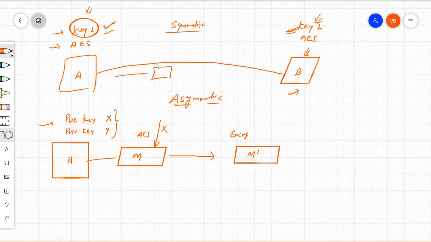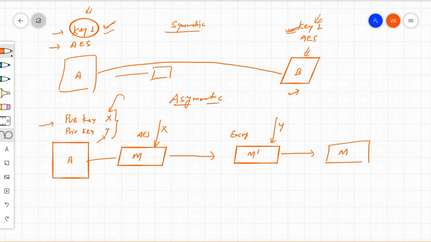At the receiver end, if I pass the same message and decrypt it with Y, it will give me again the same message, which is M. What does it mean? It means that if I encrypt any message with public key, it will be decrypted using private key, and vice versa also, right?